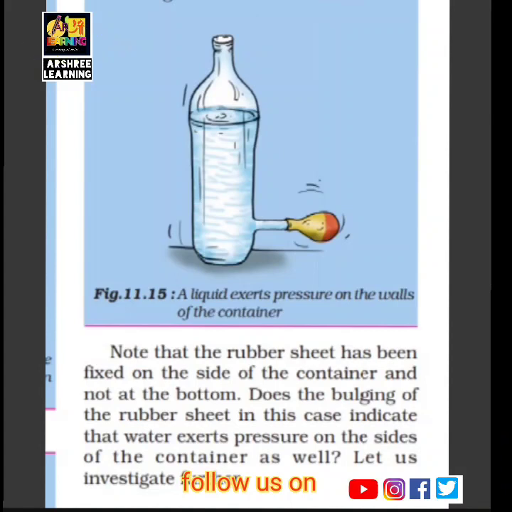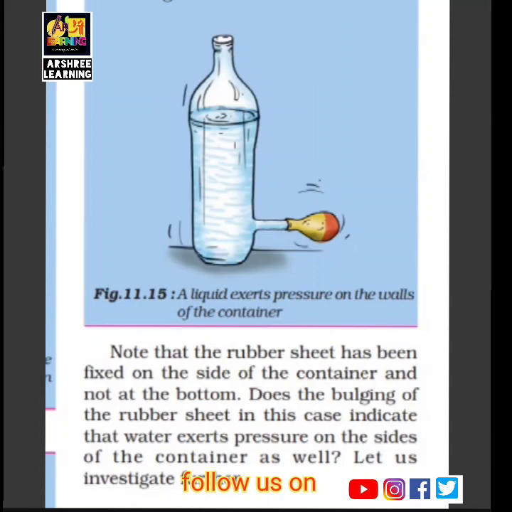When you fill water in the bottle, what do you think will happen? The water will exert pressure downwards and the balloon will start swelling up. The liquid will exert pressure on the wall of the container, which can be seen with the swelling of the balloon. The water will put pressure and the balloon will swell up. The water level will slowly fall down, and the balloon will swell up.